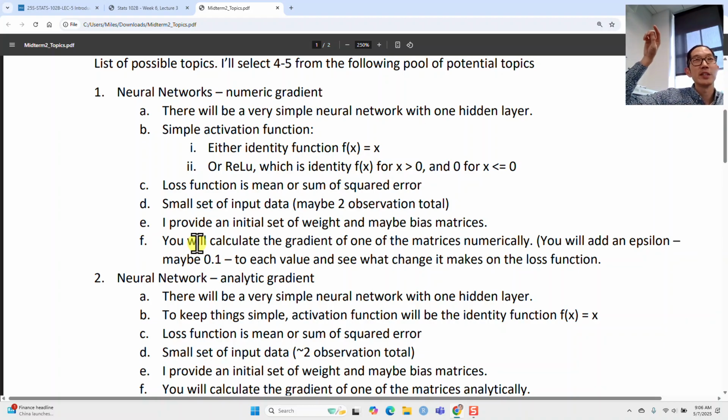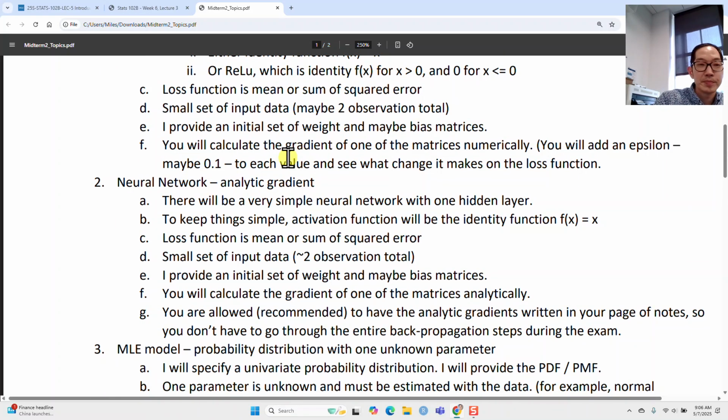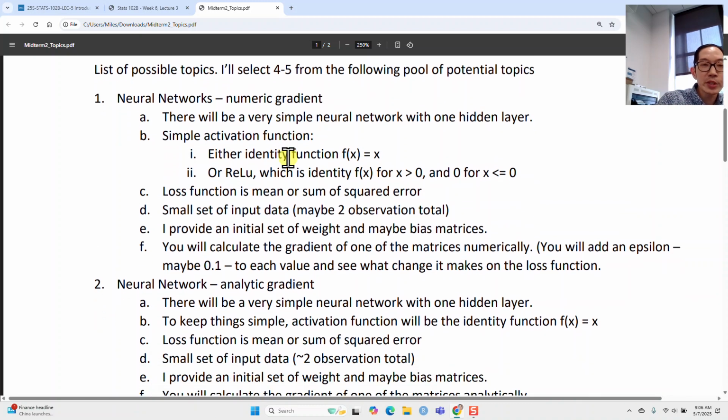Then you did it again for the second term only, leaving everything else the same. The same kind of thing for the numeric gradient. So that's the numeric gradient.